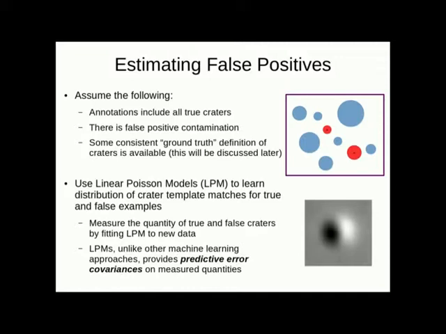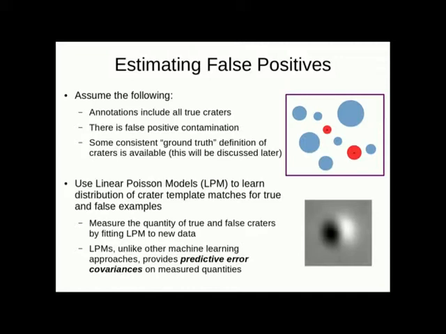Linear Poisson models are a machine learning approach, but unlike most machine learning approaches like support vector machines, random forest and boosting and so on, linear Poisson models provide a predictive error theory which will give us not only estimates of quantities at different classes within distributions, but also measurement error covariances on those quantities.